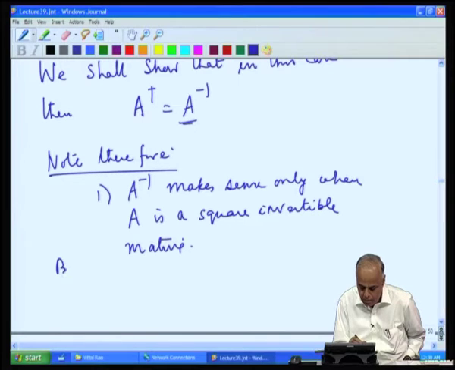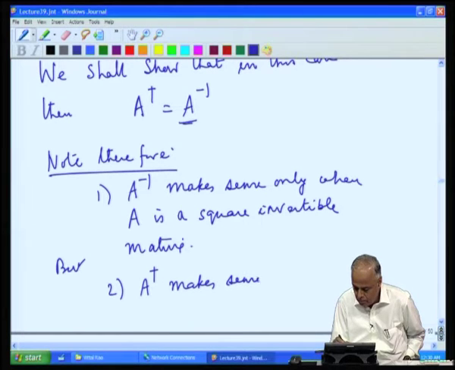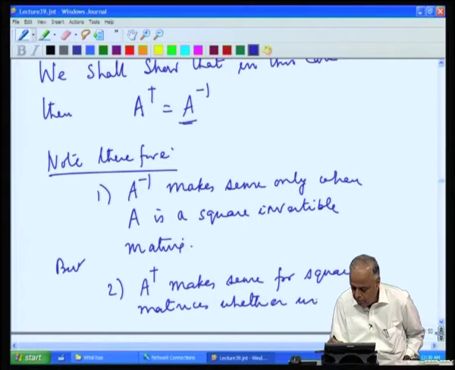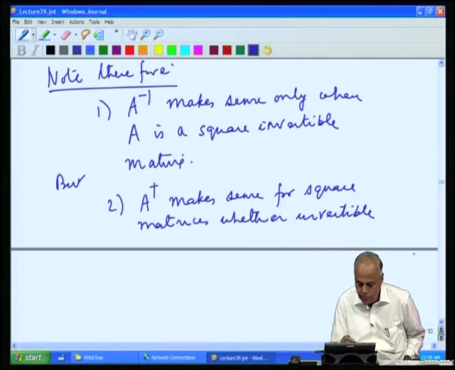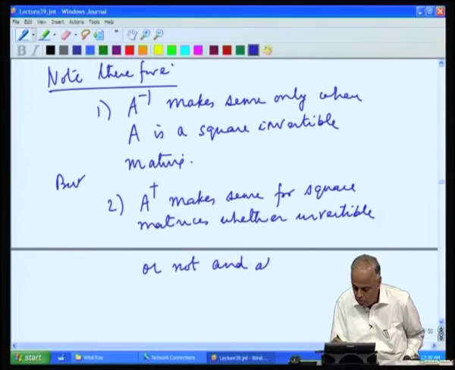Two, A dagger makes sense for square matrices whether invertible or not, and also for non square matrices.